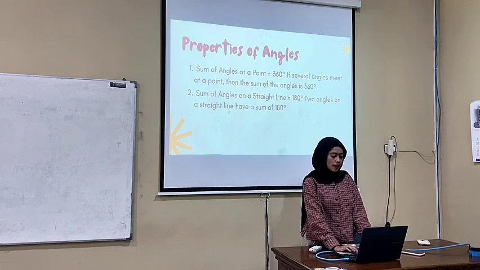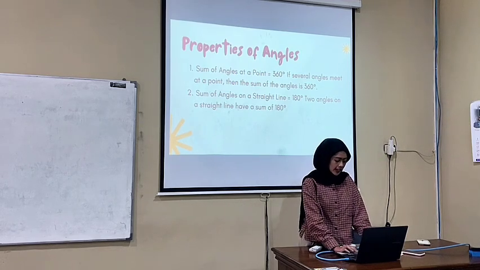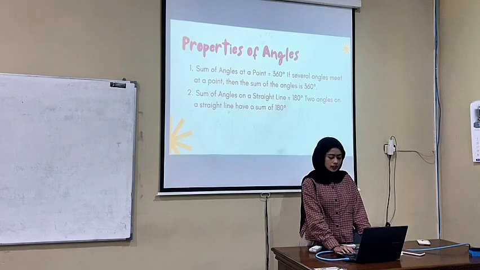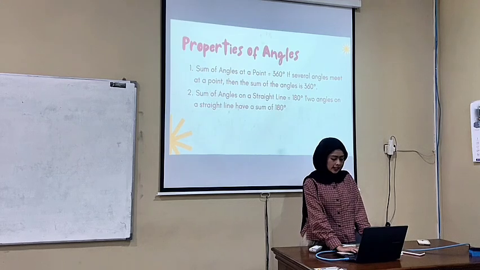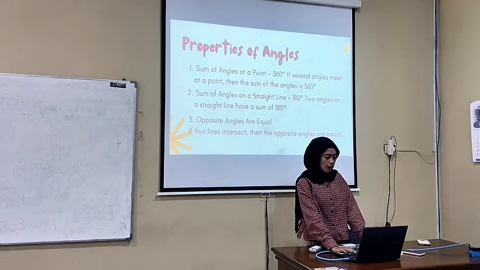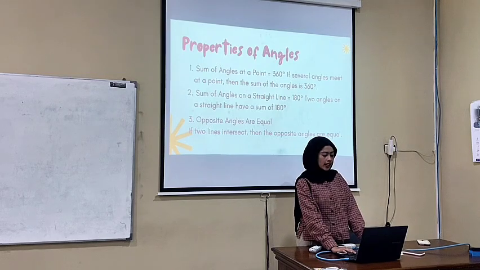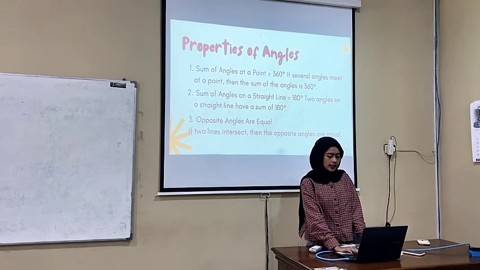Second, the sum of angles on a straight line is 180 degrees. Two angles on a straight line have a sum of 180 degrees. Third, opposite angles are equal. If two lines intersect, then the opposite angles are equal.